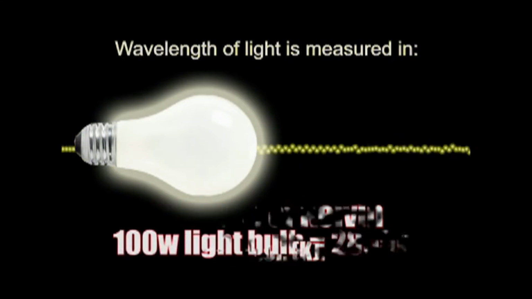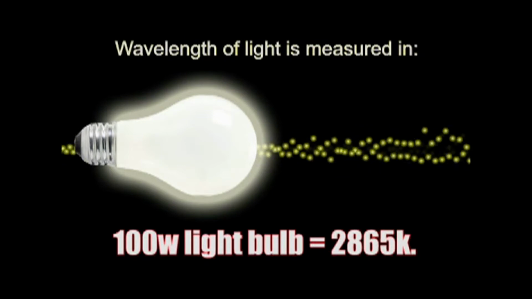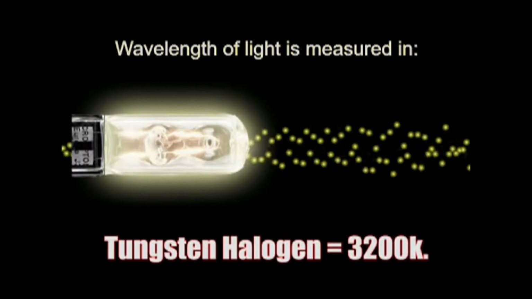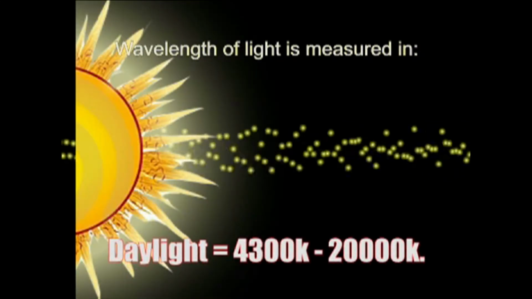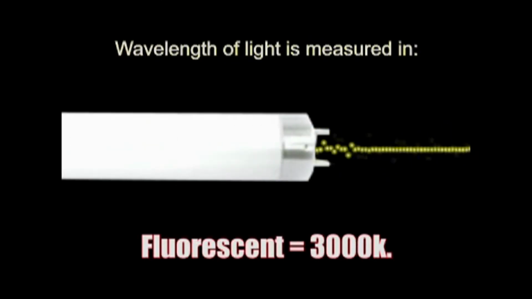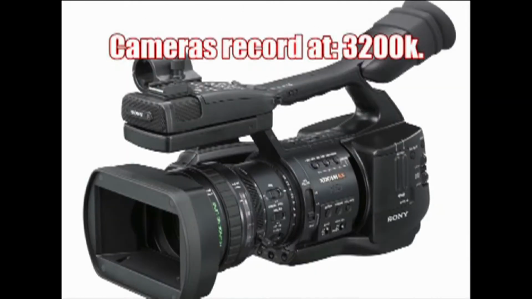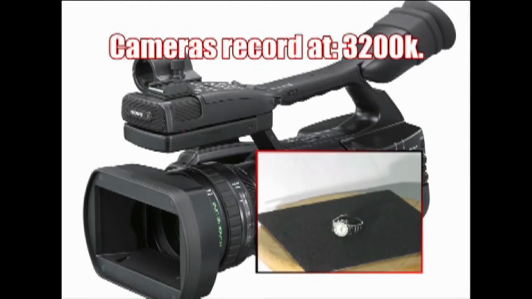For example, a 100-watt bulb's wavelength is going to be at 2,865 Kelvin, or K. A tungsten halogen light emits at 3,200 K. Daylight emits anywhere from 4,300 K to 20,000 K, and a typical fluorescent light emits at 3,000 degrees Kelvin. Your camera is designed to record at 3,200 K. When you use your white balance function, you're either increasing or decreasing the camera's sensitivity to blue and green.